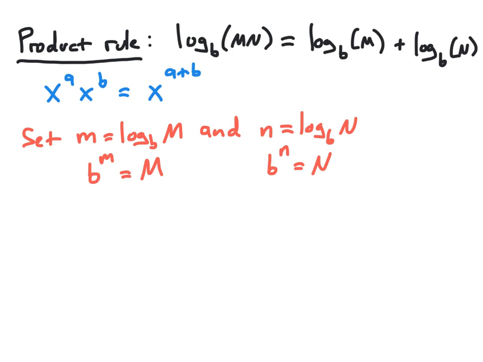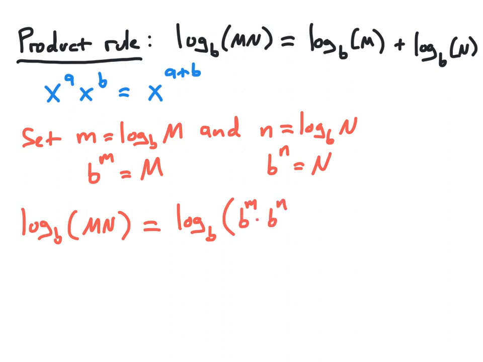Right? And now we can compute the log base b of capital M times capital N. We can substitute in the values for capital M and capital N that we just obtained. So that's b to the m and b to the n.